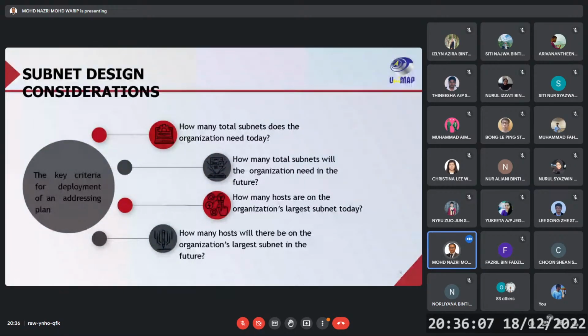For example, your hospital, KPJ, has 10 floors. We need to design, but it doesn't mean we need to design by floor. Any question?